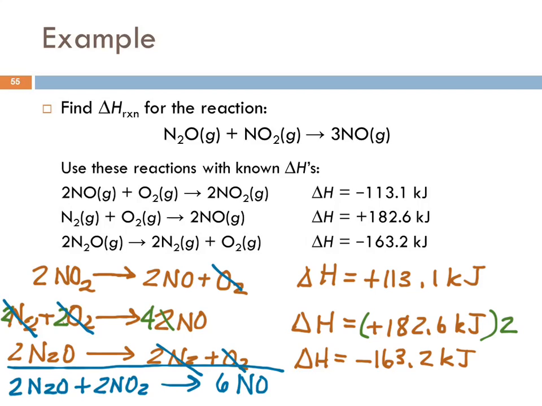Well, let's go ahead and add up our delta H's. So I've got plus 113.1, and then I've got 182.6 times 2, and then I'm going to subtract 163.2. And I end up with a positive number, 315.1 kilojoules.